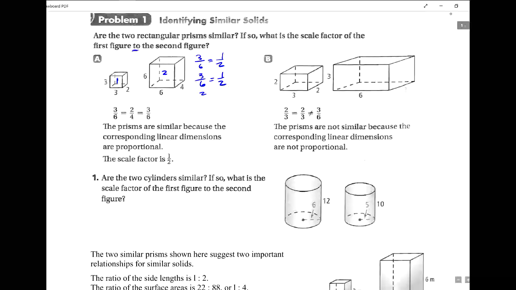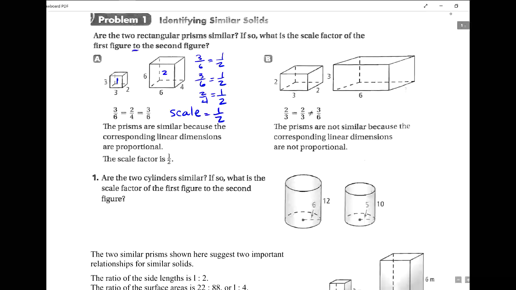And we have a 2 to 4 ratio, which again reduces to a 1 to 2 ratio. So all of our sides are proportional, right? They have the same ratio, a 1 to 2 ratio, which tells us that our scale is a 1 to 2 ratio.